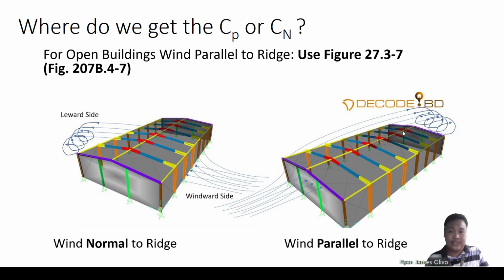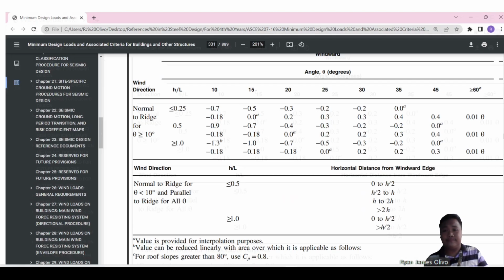This is the ridge, and if the wind is blowing normal to the ridge, this is what we call wind normal to the ridge. Before we go to the example, I will show you the figures.